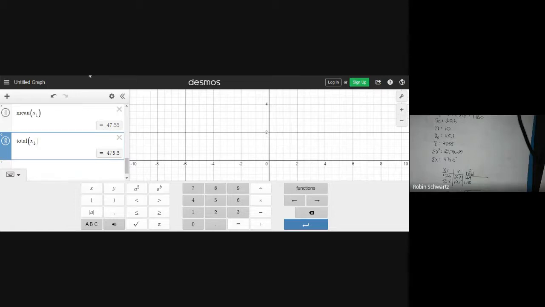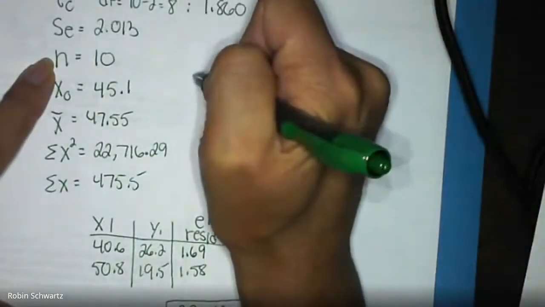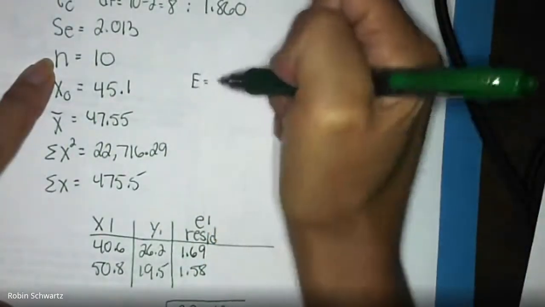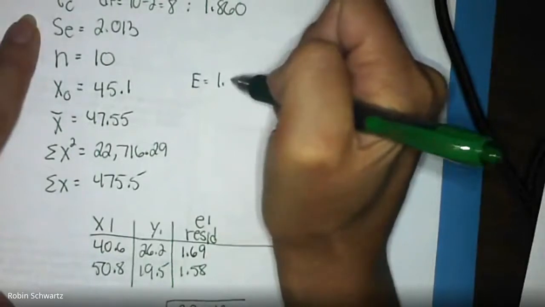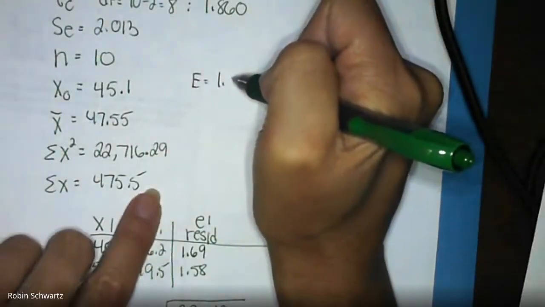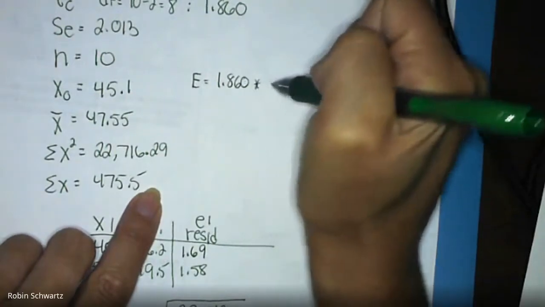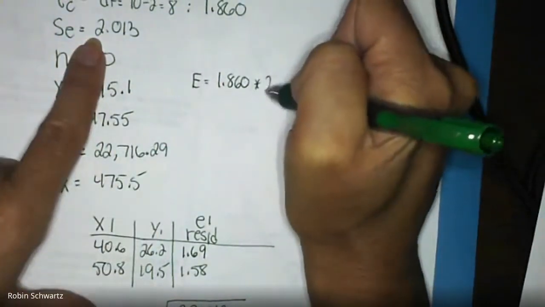So I will stop presenting, come back, and again, it's just a big calculator line. So everything is here. So to calculate big E, just following the formula that's on my other page. It's the t value multiplied by the SE.